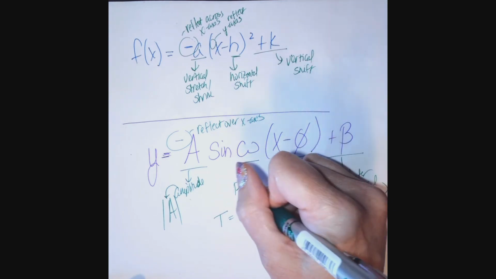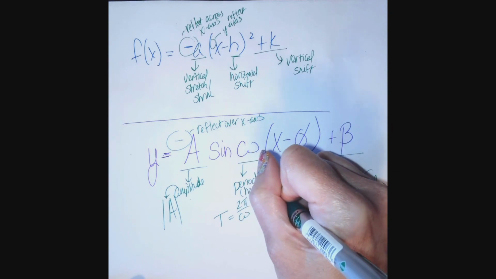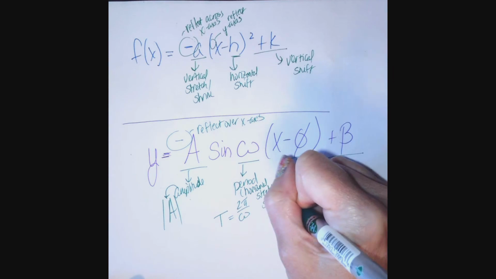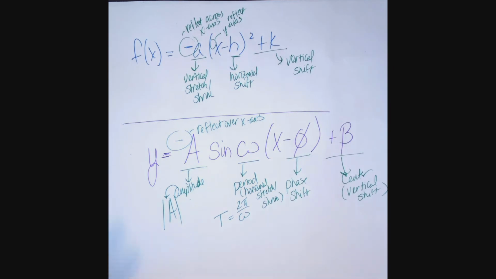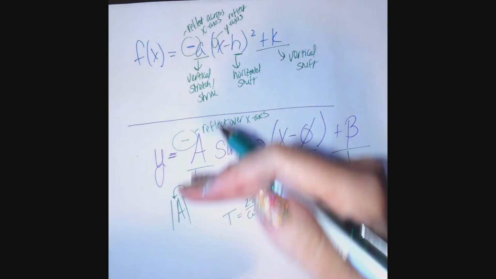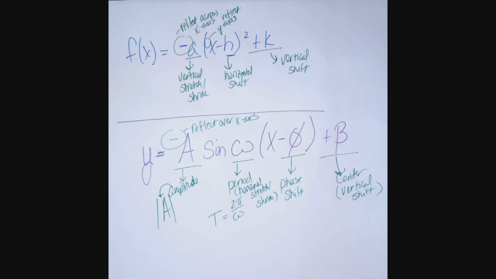Period is the same thing as a horizontal stretch or shrink. And we didn't deal much with a horizontal stretch or shrink with college algebra. We typically stuck with that vertical stretch or shrink idea. Okay, so write this down maybe on a post-it note where you can keep it handy for you to look at as we go through the next couple of sections for graphing.